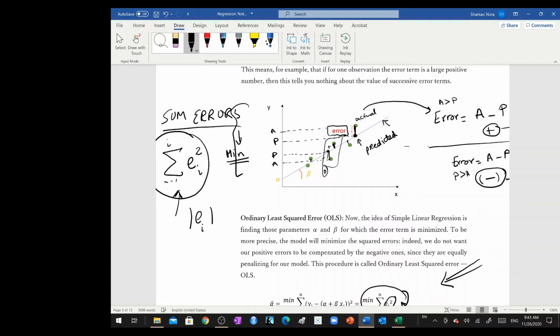Because as a mathematician, if you want to propose an algorithm, you need to give a proof, a theorem and a proof. It is easier to prove, and it was possible to prove, with the squared.